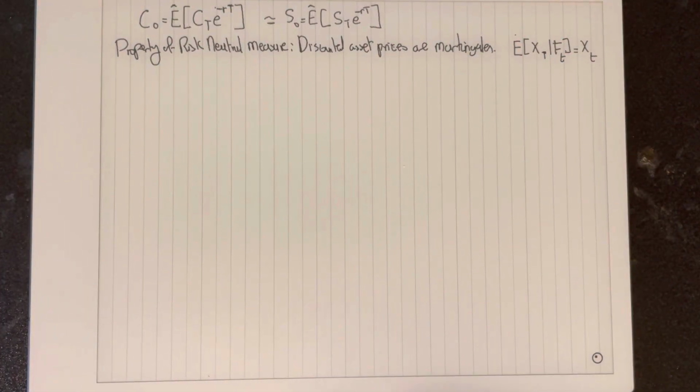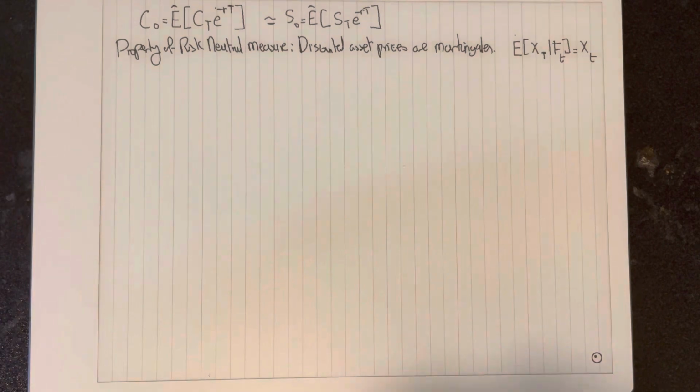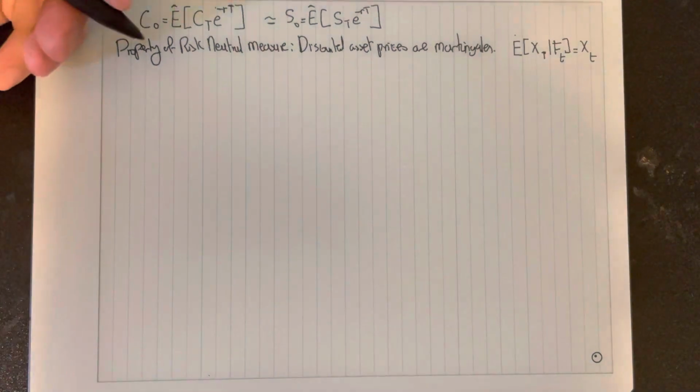So in essence, what we're saying is that the expected value of the future of that asset is simply the value of the asset today. So we don't really expect any return. So how can we see that from this formula over here?